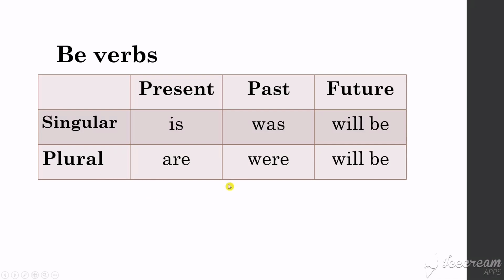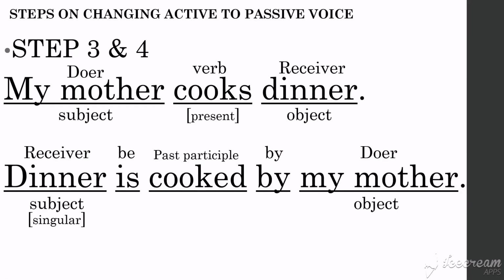Lastly, if the tense of the verb from our active voice is in future tense, we will be using the be verb will be, whether our subject is singular or plural. Still will be. So this is how we are able to change active voice to passive voice.